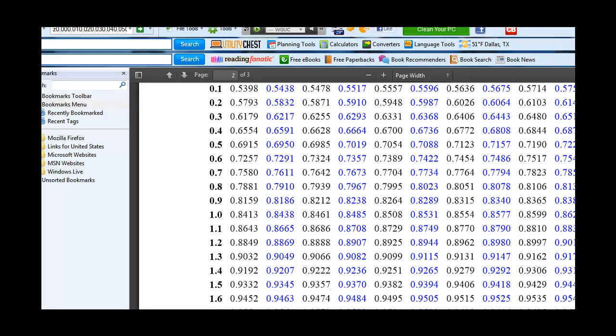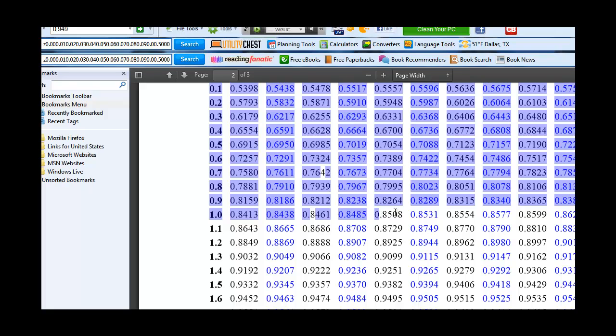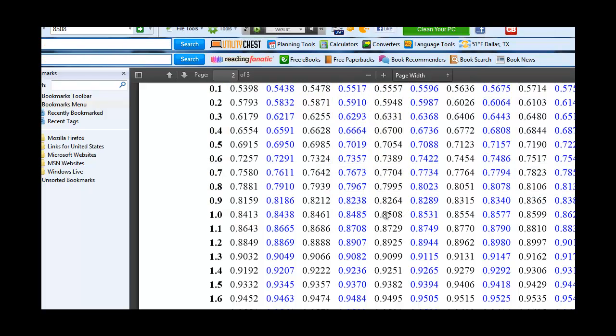So here are the 80s, 0.8508 right here. Whoa, my cursed stylus is doing some funny things right now. Right there. Alright, 0.8508. Hopefully you can see it. I don't know why my stylus is deciding to misbehave, but it's 1.0, and then if I go up, I think that's 4.